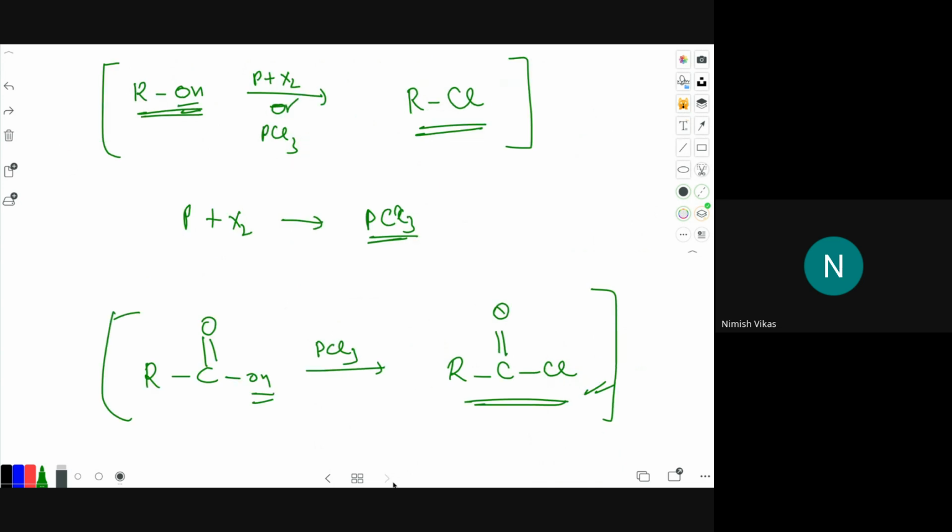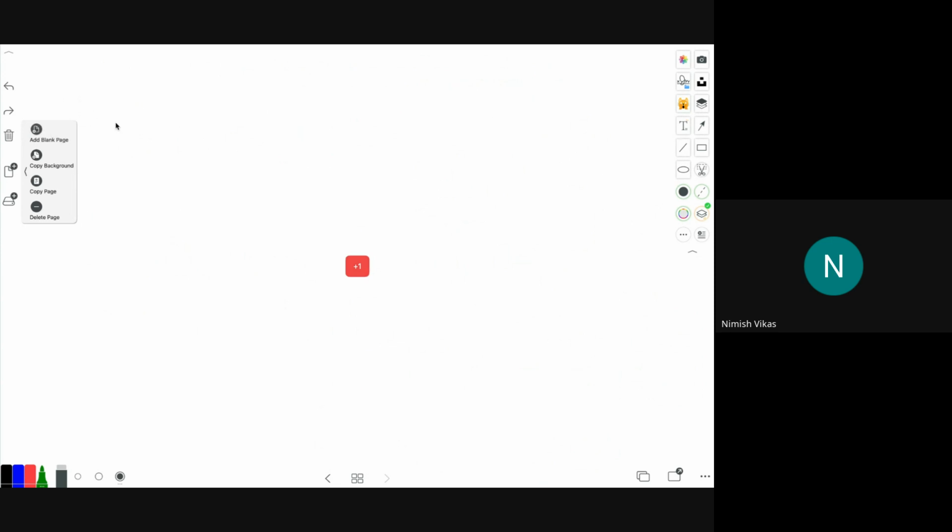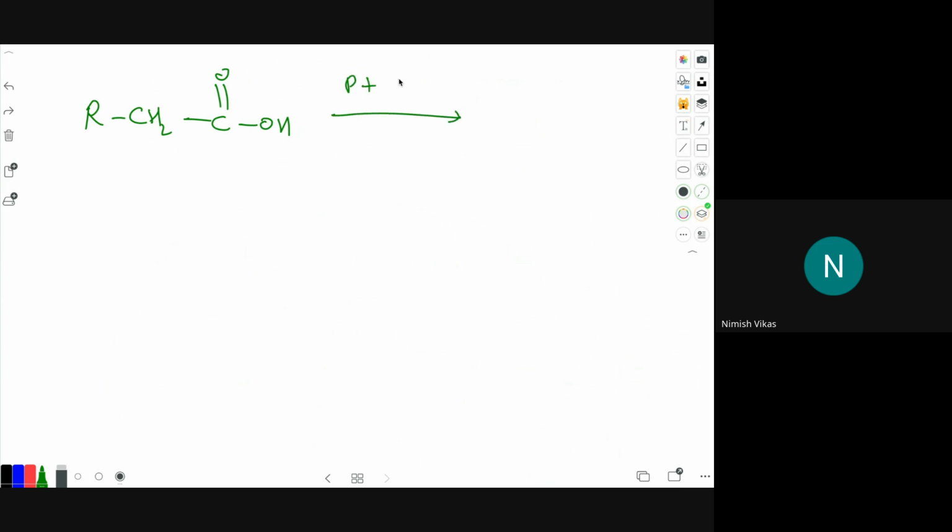Okay, see now what will happen. Let's study the mechanism. This is there: RCH2COOH. So you react with P plus X2, right? Red phosphorus plus X2. Or, I'm repeating, they can write PX3. So imagine that instead of X2, I take directly Cl2.